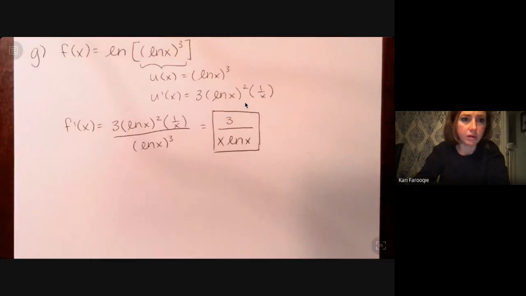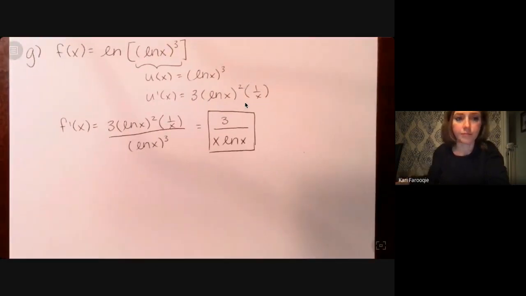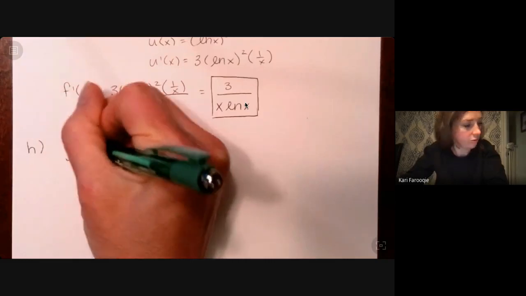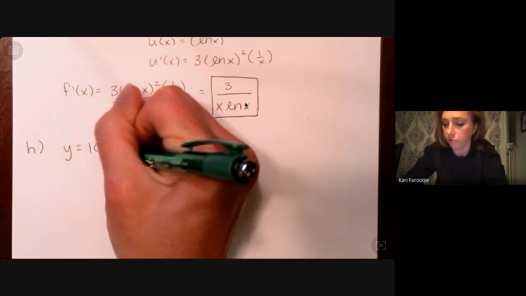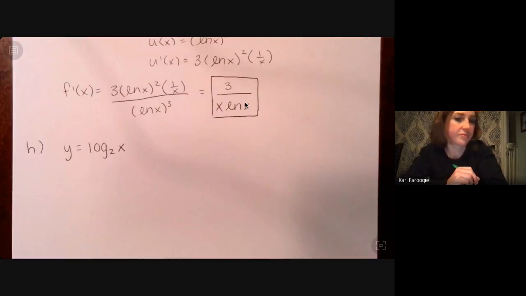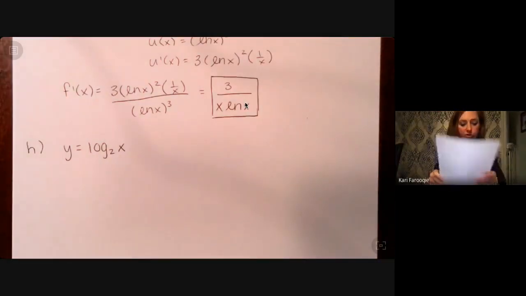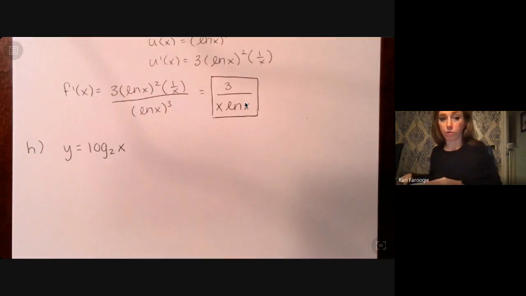Let's see, we'll do h. This is y equals the log base 2 of x. Now, way back when I gave you a formula for the derivative of the log base a of x, I'll remind you what it is right now.